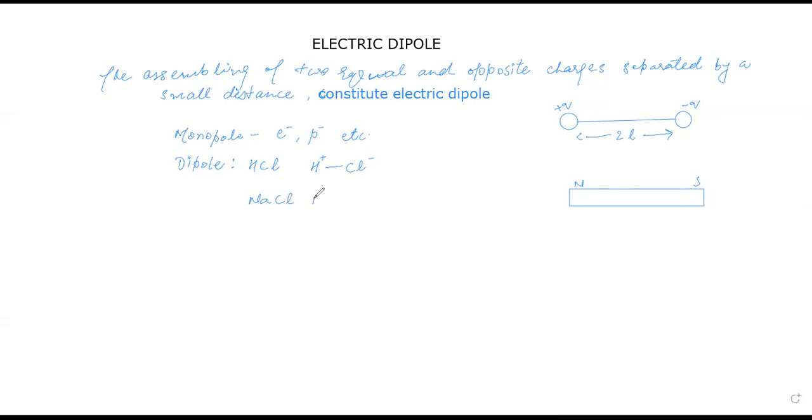The first one, Na, is positive and the other pole is chlorine, which is negative. It also constitutes a dipole. The last one is the magnet, because magnets also constitute dipoles.